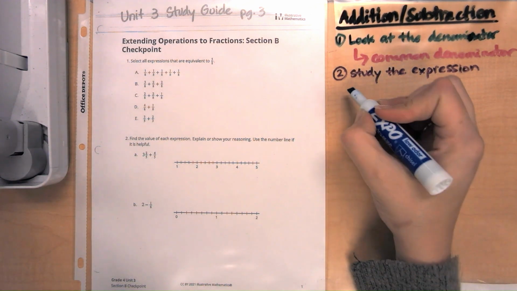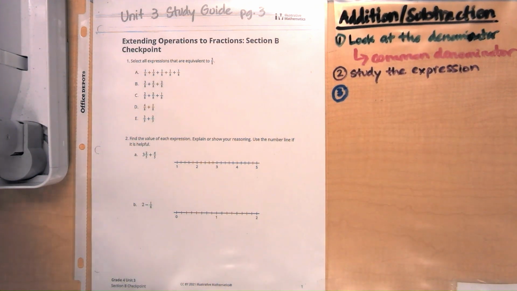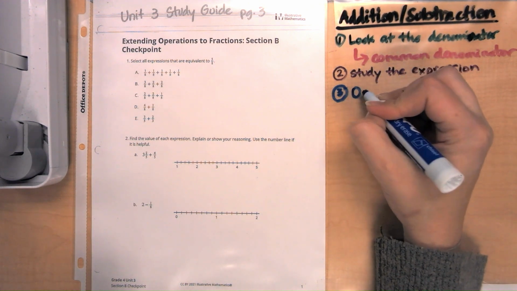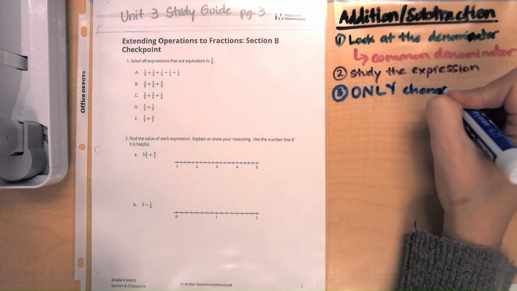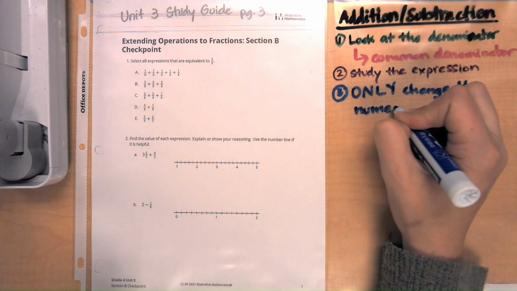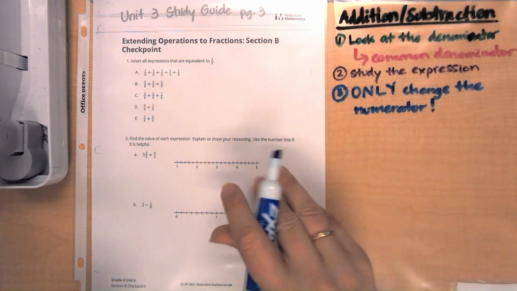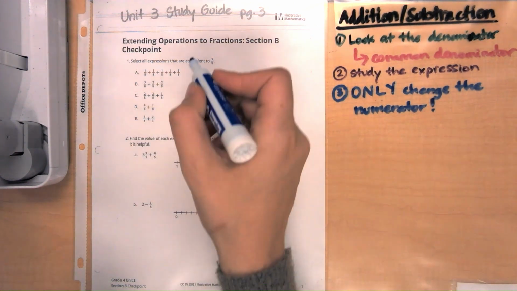And then the third thing we're going to do, these don't have to necessarily go in this order, these are just really important things, is we are only changing the numerator. We are not changing the denominator. The denominator stays the same because we're not changing the size of the piece as we are adding.